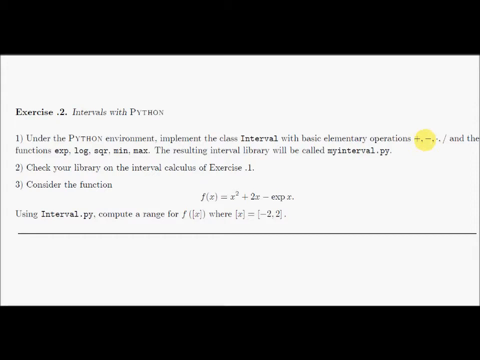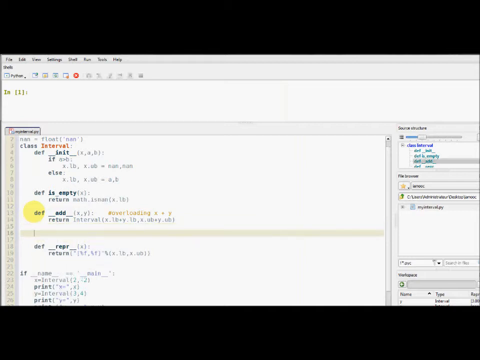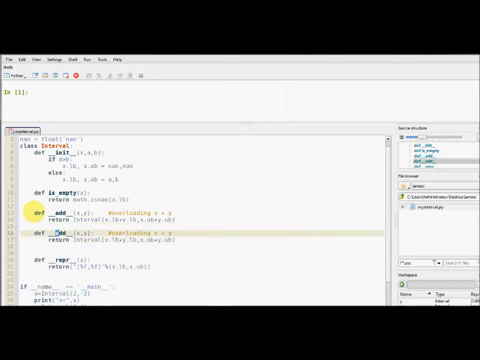I have implemented the plus. I have also to implement the minus, multiplication, division. That's what I will do now. So about the subtraction, the keyword is sub, x and y.